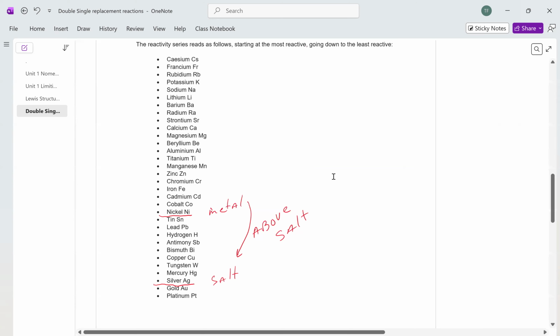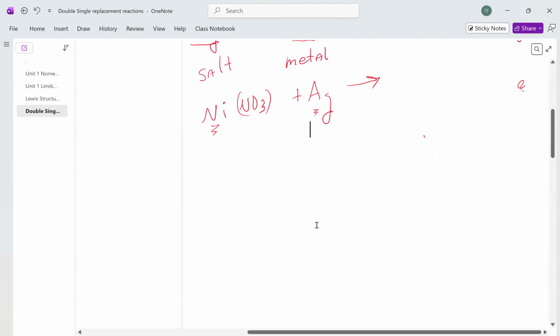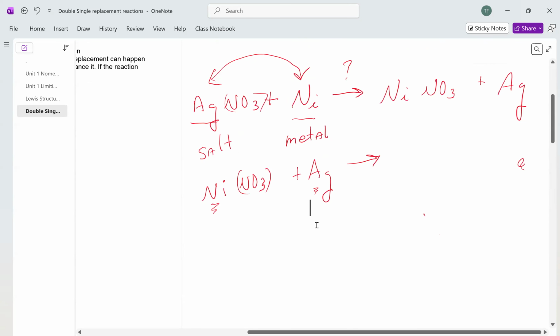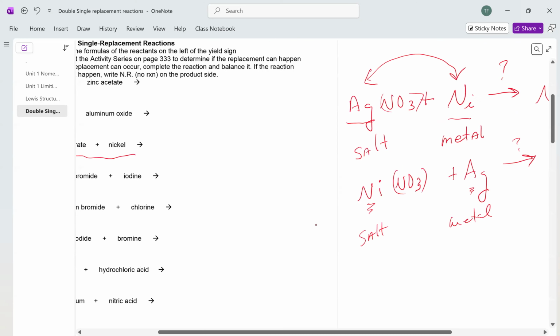But in this case, the silver is the metal. So we find the metal in relation to the nickel.